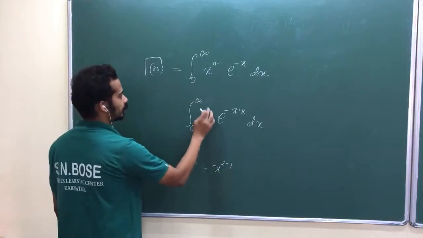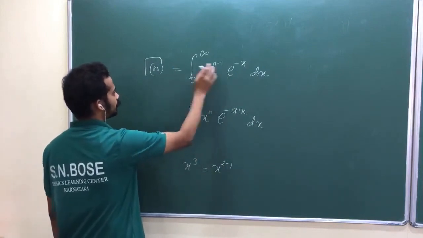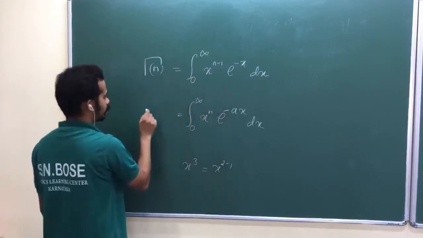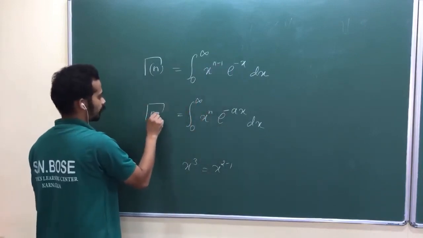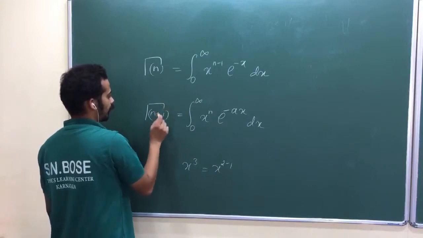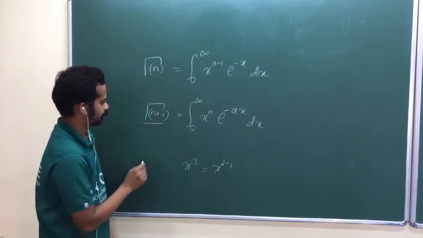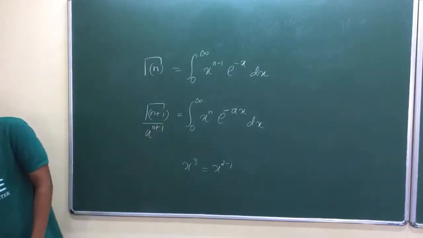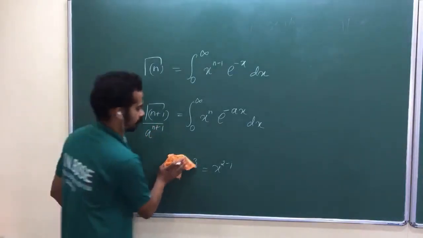Since we have n here, in place of n minus 1, plus 1 is added, and it becomes gamma of n plus 1, divided by a power n plus 1. You should remember this formula.